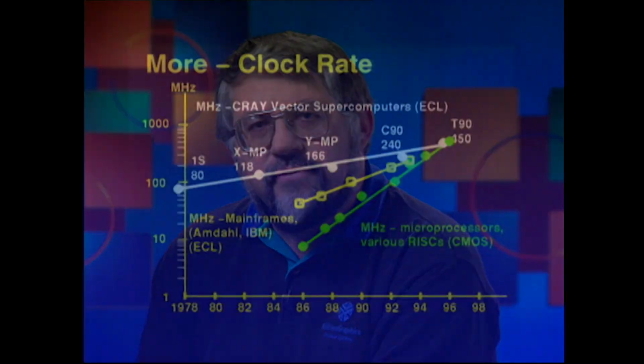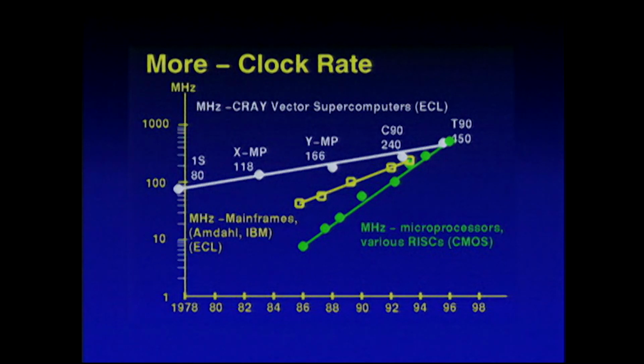Now, on the next graphic, we see how this translates into performance. We've got 3 lines on this chart. The top line is the clock rate of very large, powerful vector supercomputers, such as the Cray research machines. The middle line is the clock rate of the classic large mainframes.